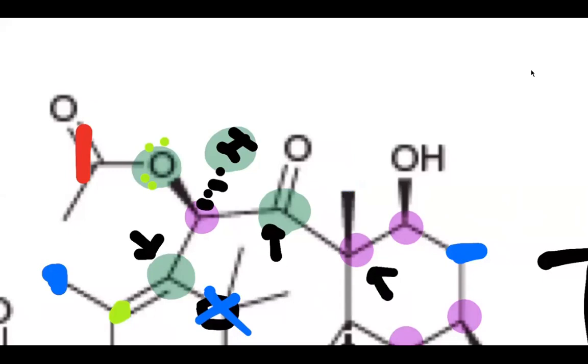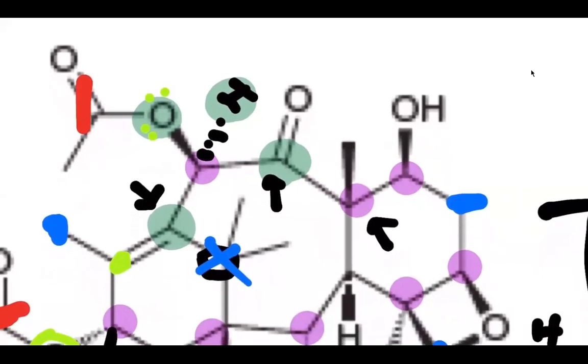What about the next chiral center, the one right here? What do you think? Where are your 4 different things? It's the 2 carbons, a hydrogen, and then the methyl. Yes. So you have 2 carbons. I got to change my highlighter to a different color.